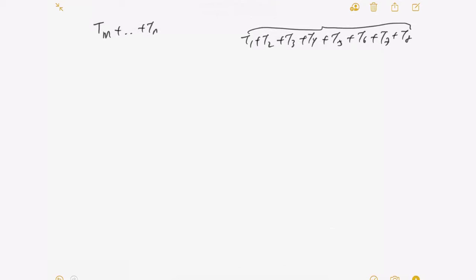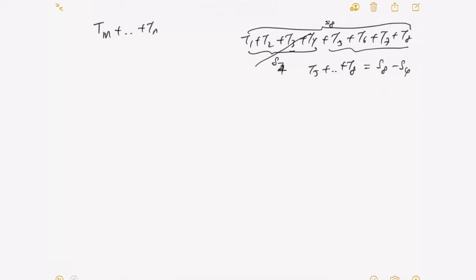This is the sum of the first 8, S8. Okay, let's make this S4, the sum of the first 4 terms. If you want to find T5 to T8, basically we take S8 minus S4. Why? I need to cross out this to get this.